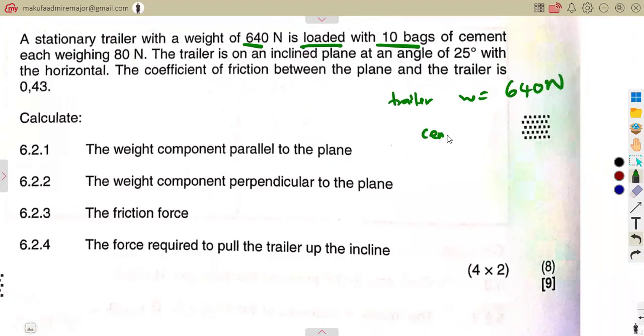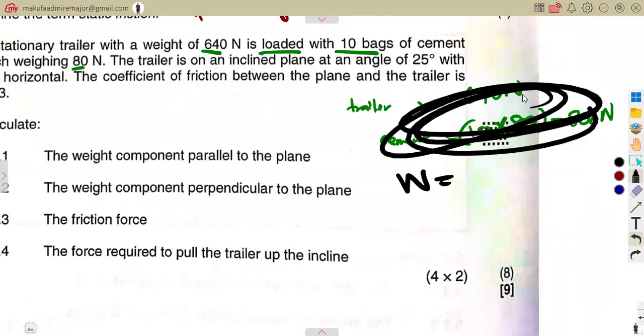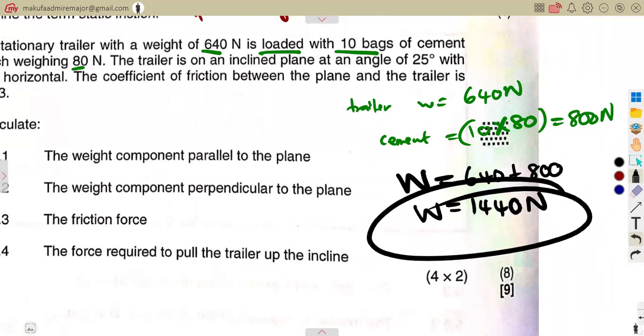Then the cement inside, there are 10 bags, each has got 80 Newton. So 10 times 80, that is 800 Newton. So what is the total weight? The trailer with what it is carrying is 640 plus 800 combined. You add. So that was going to be 1,440 Newton. This is the one that we are going to work with.